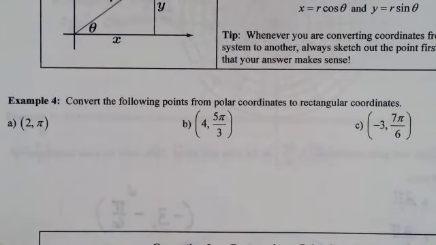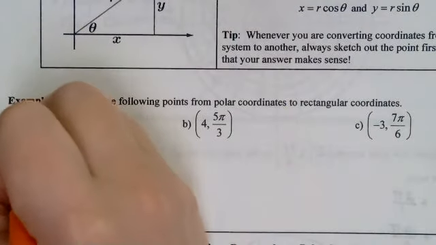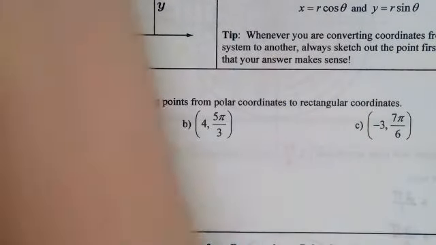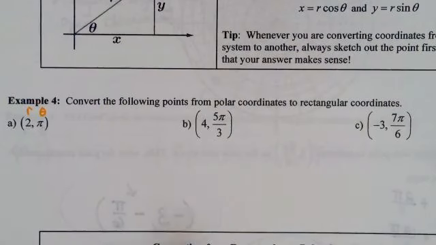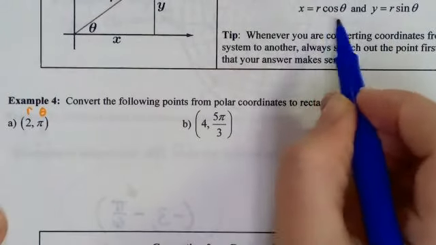All right, first thing, if you read it, this problem has given us polar coordinates. We have been given an r and we have been given a theta. We're supposed to convert this to rectangular coordinates, and here's how we're going to do that. We are going to take this relationship up here.